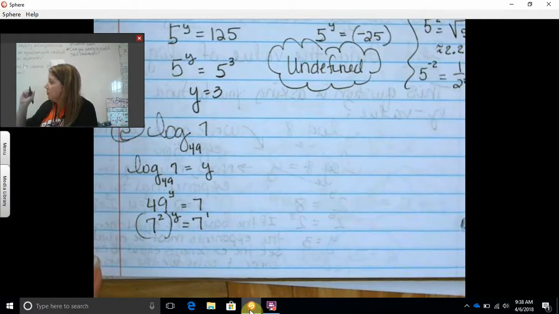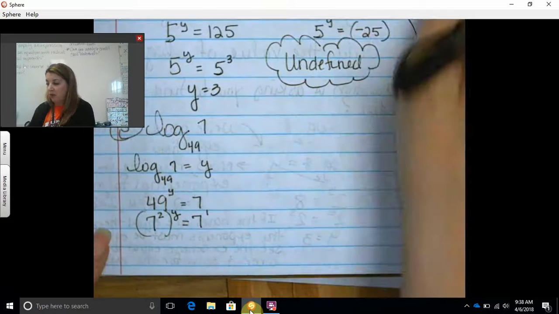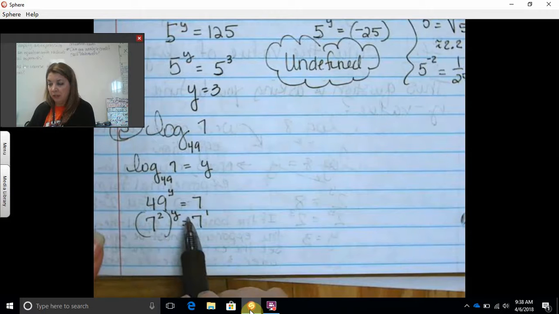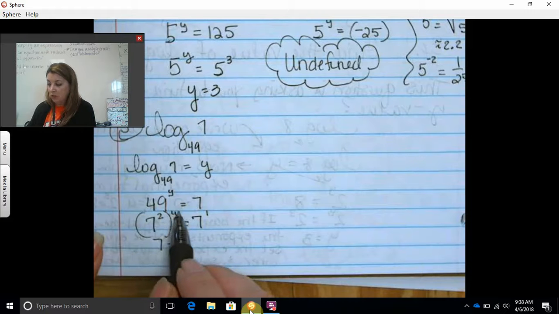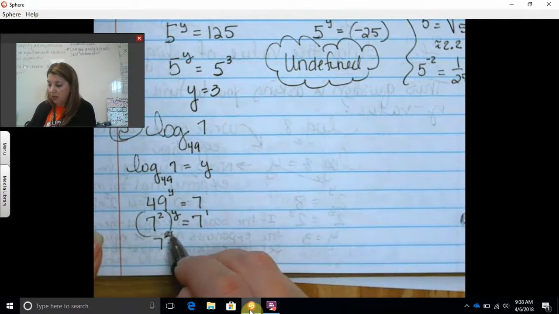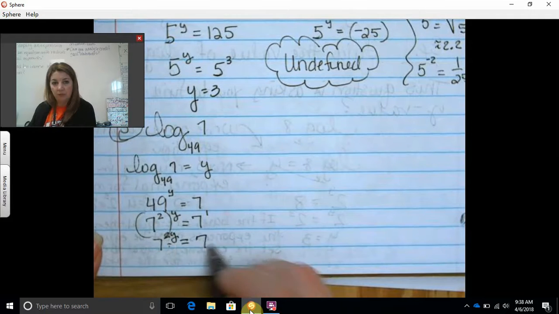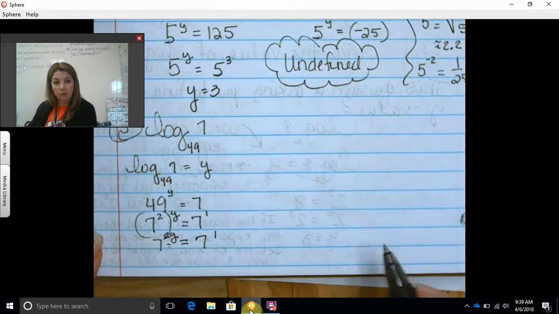Remember, when you have a power to a power, that means your exponent has the exponent. The rule says you keep the base and multiply your exponent. So 2 times y would be 2y equals 7 to the first. Right?